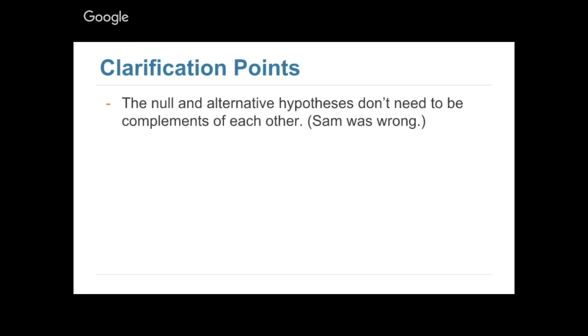If I'm testing between the two hypotheses, that the chance of getting heads is 0.5 and the chance of getting heads is 0.7, if I reject the null, which is 0.5, and choose 0.7, I don't know really for certain whether it's 0.7 or not. I'm just saying, based on my two hypotheses, this one seems more likely. So I don't know for certain whether either one is actually true. All I have is data to support one hypothesis over the other.